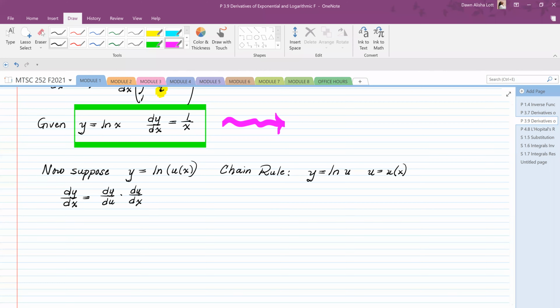And that would mean that the derivative with respect to u of the log of u is just 1 over u. So this thing right here just becomes 1 over u.